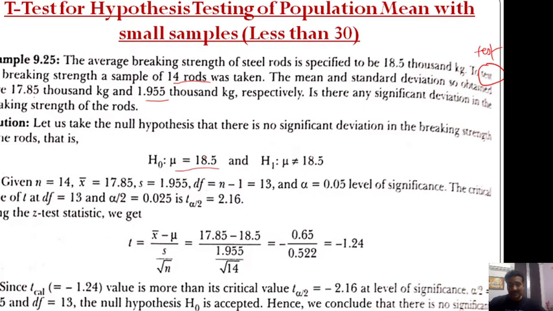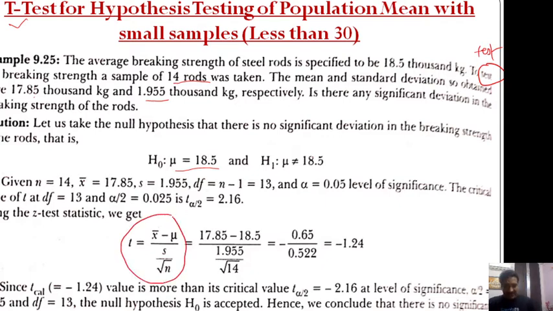Here also we are testing the null hypothesis about the population mean, but why are we applying the t-test? Because here the sample size is only 14 rods, less than 30 observations. That's why we would apply the t-test. And the t statistic is calculated.